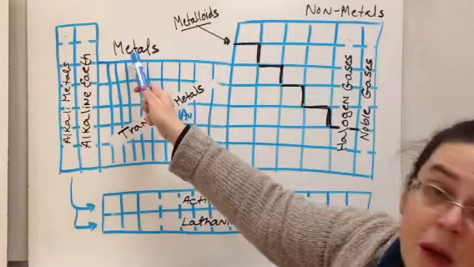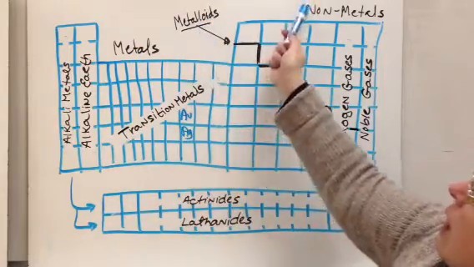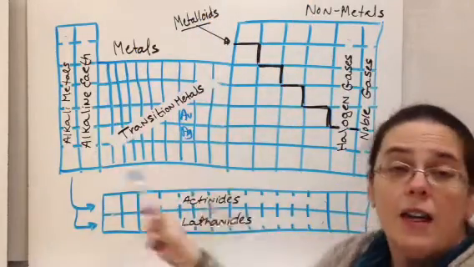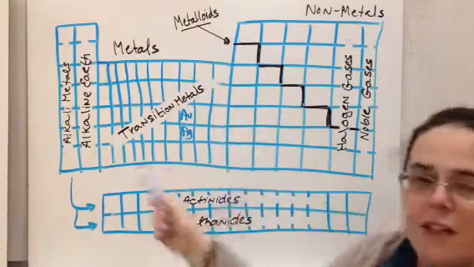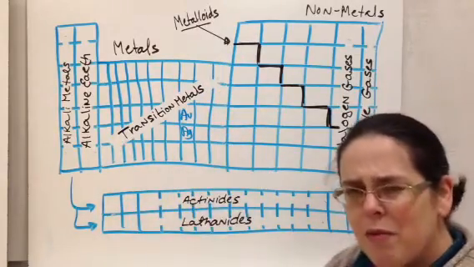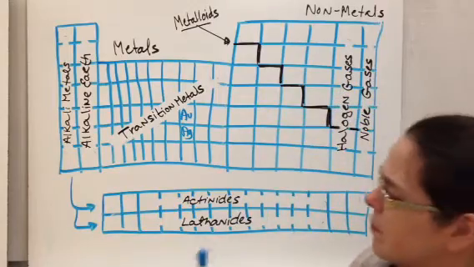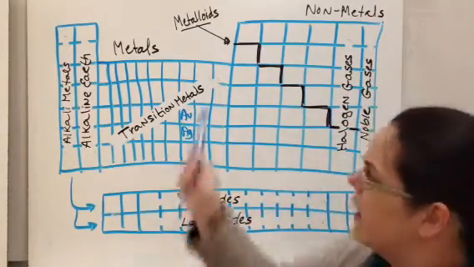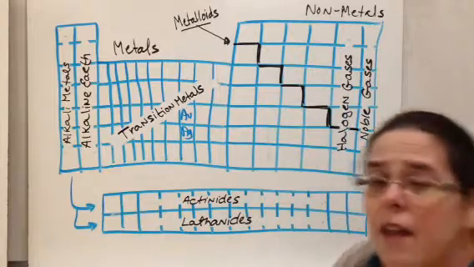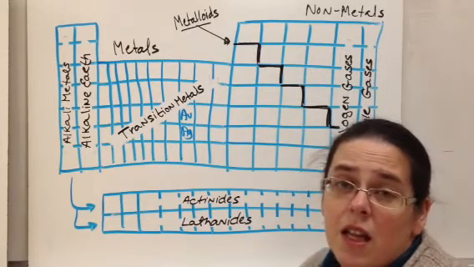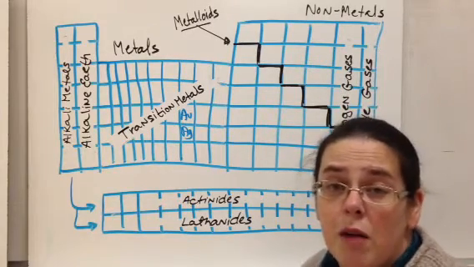So you notice that we have metals, metalloids, and nonmetals. The left-hand side is made up of metals. The right-hand side is made up of nonmetals, as you're looking at it. And then we have this big black line. That big, thick black line is the line that separates the metals from the nonmetals.